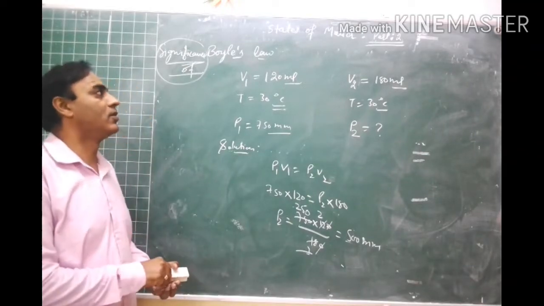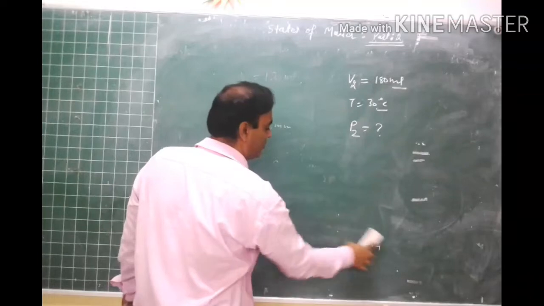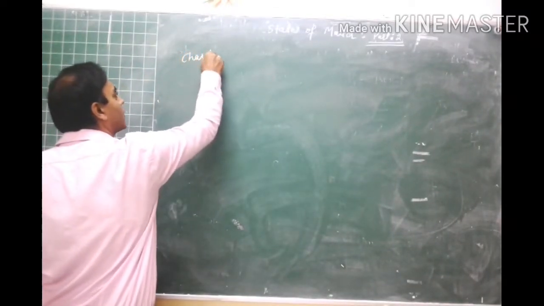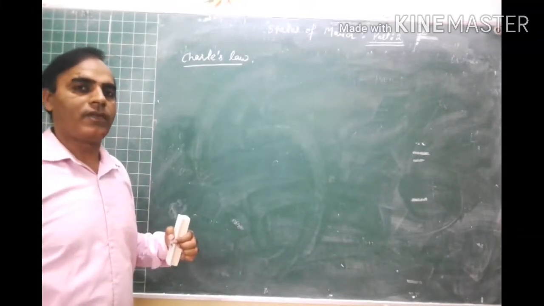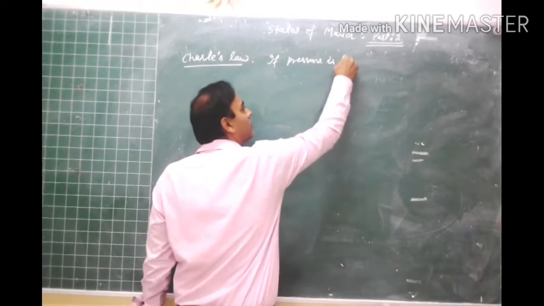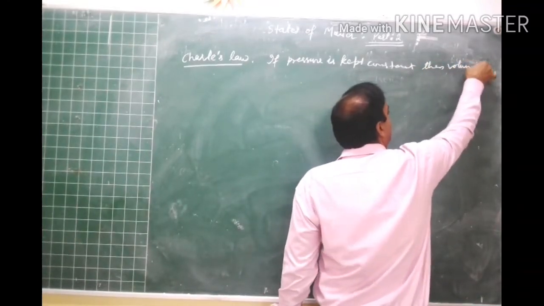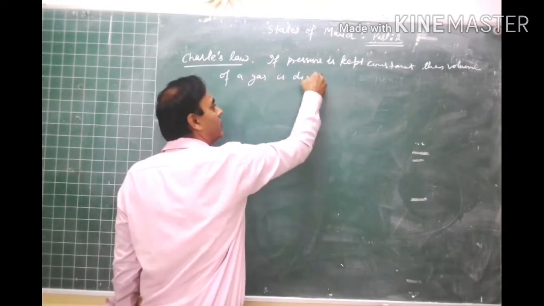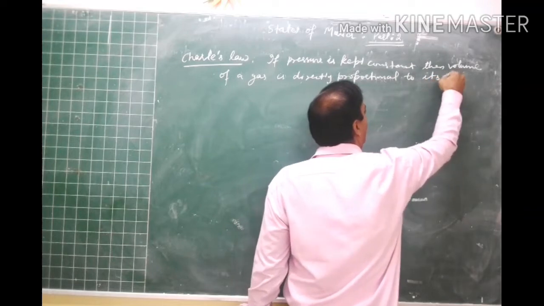Right? Now the next law is Charles law. According to Charles law, if pressure is kept constant, then the volume of a gas is directly proportional to its temperature.